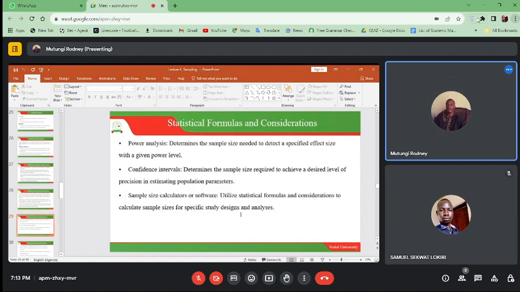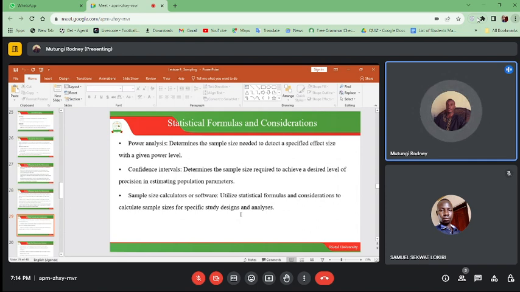So the formulas that can be used to determine a sample are very many, and they keep on developing others, but some of them include power analysis, which determines the sample size needed to detect a specified effect size with a given power level.